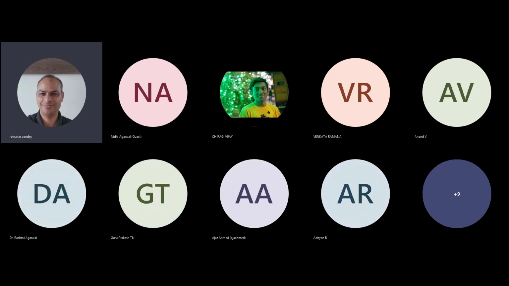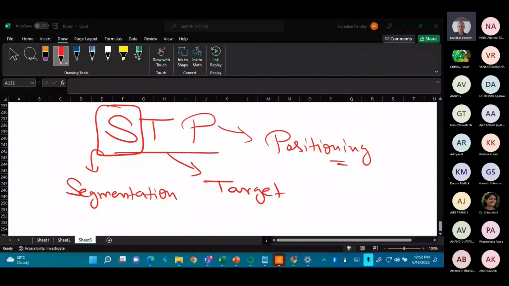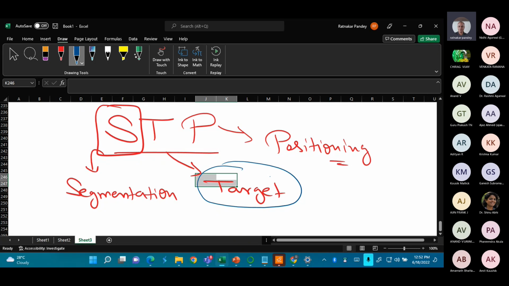Right. So segmentation, targeting, and positioning. If I'm a BMW or Merc, I would like to understand the different segments of car buyers that we have. Then I will say, I want to target this segment only. I'm not targeting a mass market, not people who are lower middle income.